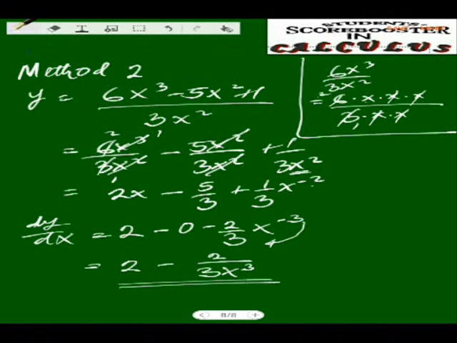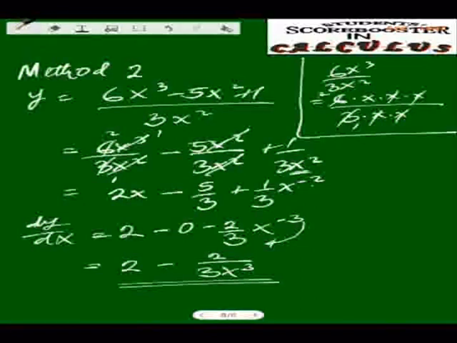Which one is faster? The decision is on you. So I will not choose any method for you. See for yourself. So you can see how long it takes to use the first method and how long it takes to also apply the second method.